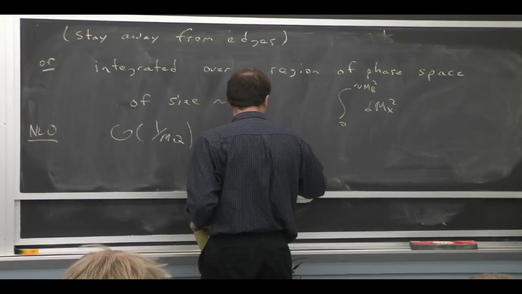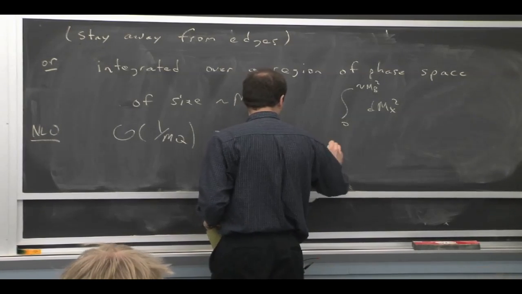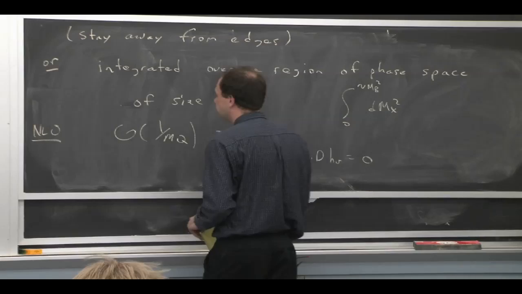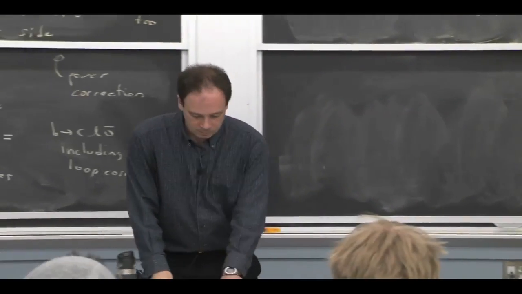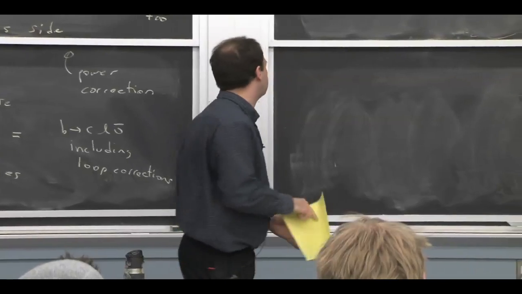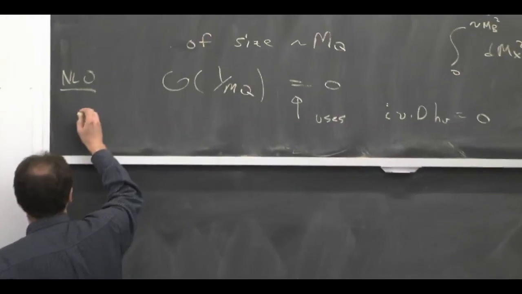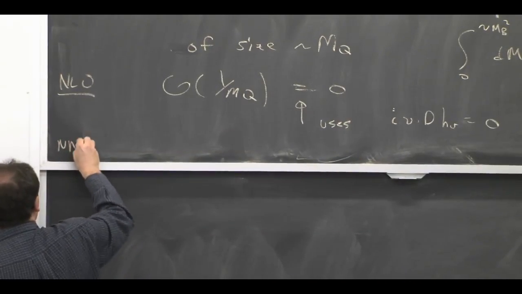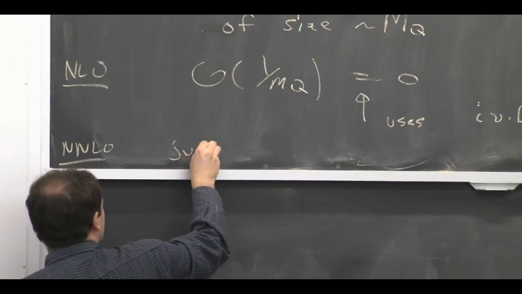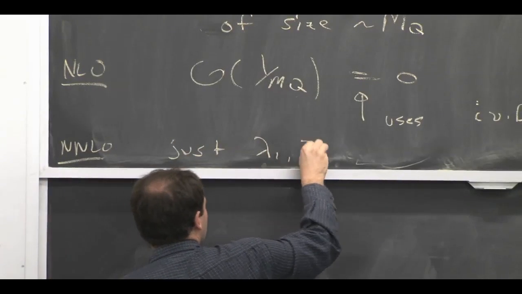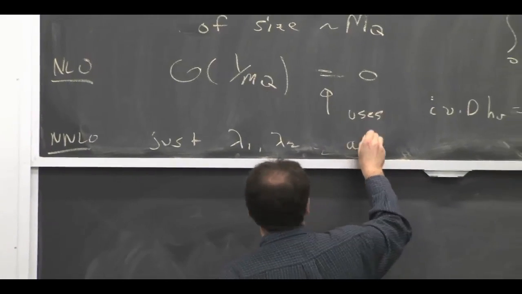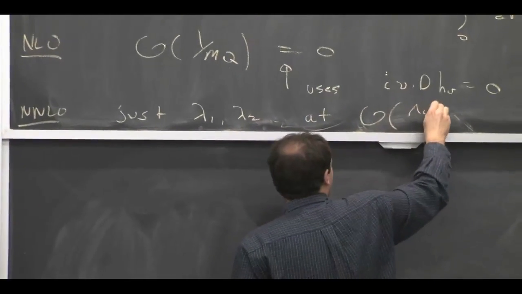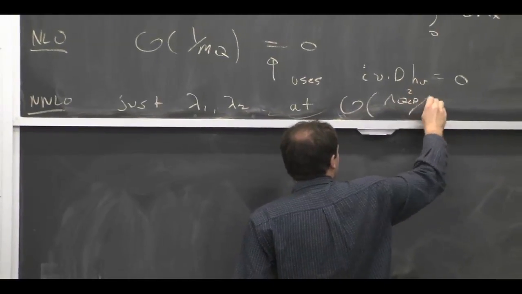You basically use the equation of motion to get that to be true. And then, so this is NLO in the power corrections, and then NLO, as I said, is just lambda 1 and lambda 2 at order lambda QCD squared over MB squared.